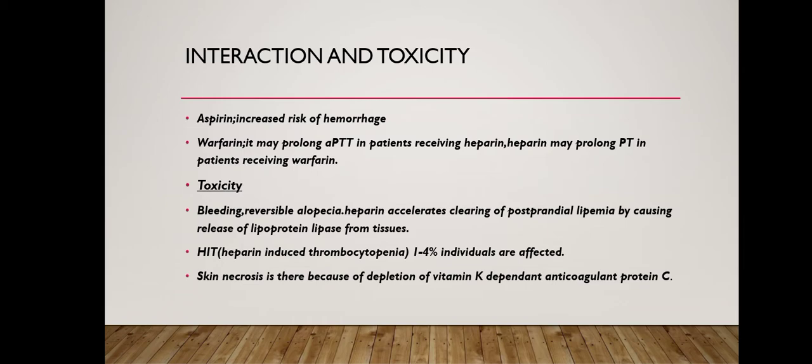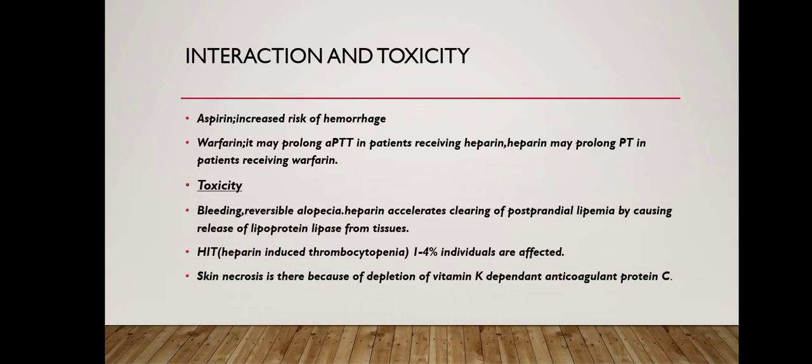Toxicity. As heparin inhibits coagulation, obviously the main toxicity related to it will be bleeding. So bleeding and reversible alopecia may also occur. Heparin actually accelerates the clearing of postprandial lipemia by causing the release of lipoprotein lipase from tissues.